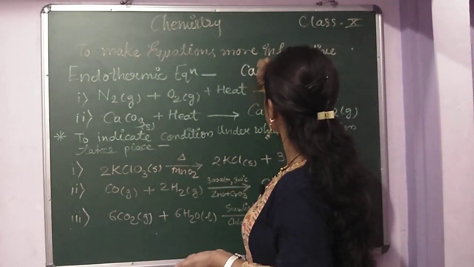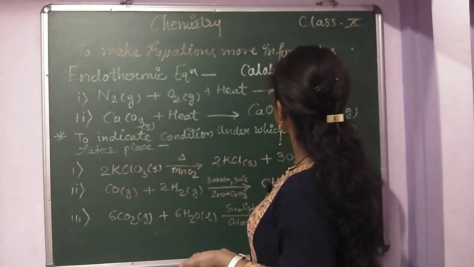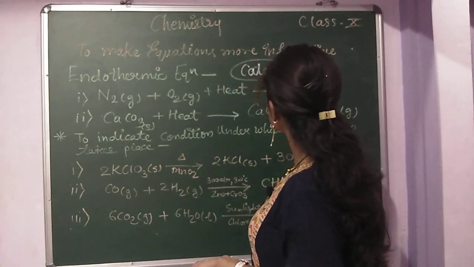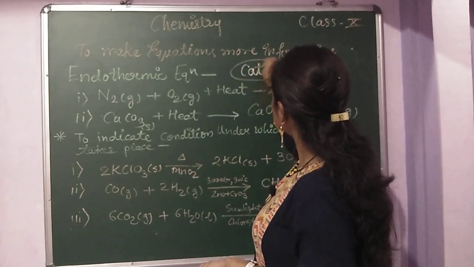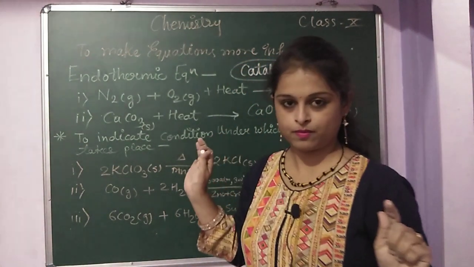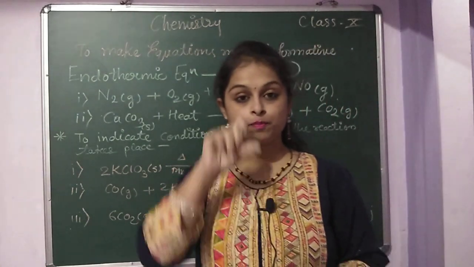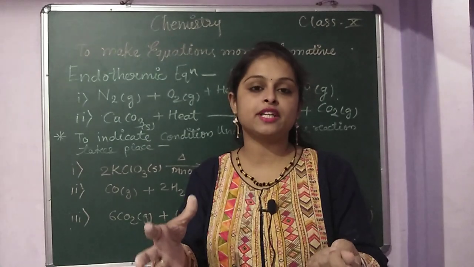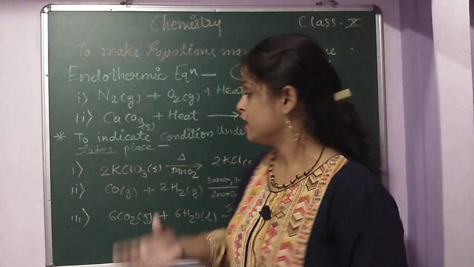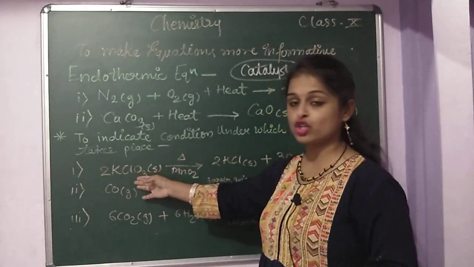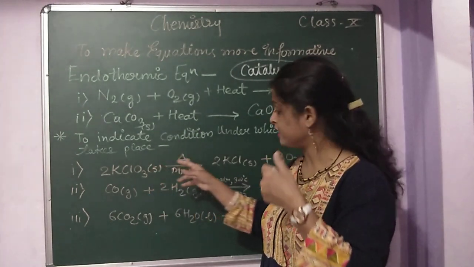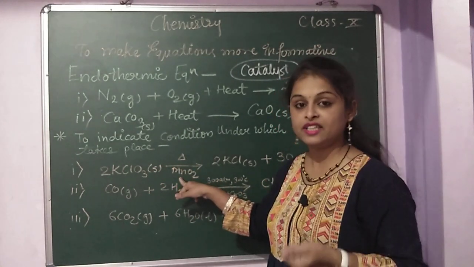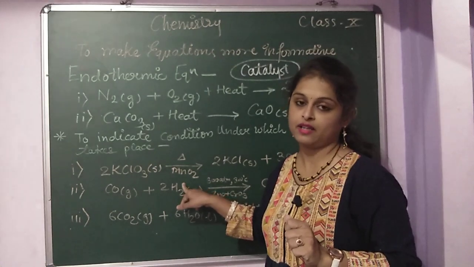See, catalyst. A catalyst is such a substance whose function is to carry out the reaction. ठीक है, मतलब ये एक ऐसे कैटलिस्ट उसे कहते हैं जो रिएक्शन कंप्लीट करने में मदद करता है. Understood? They are not that much capable. That's why we are providing the heat, along with the manganese dioxide.